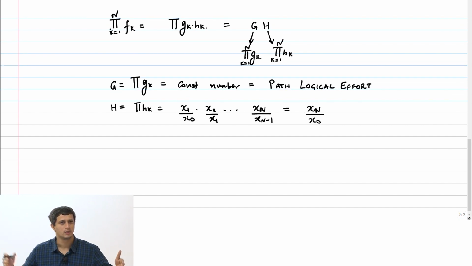We know the first gate is, without loss of generality, assumed to be a unit gate, so that size is also known, therefore the capacitance is known. x0 is known.